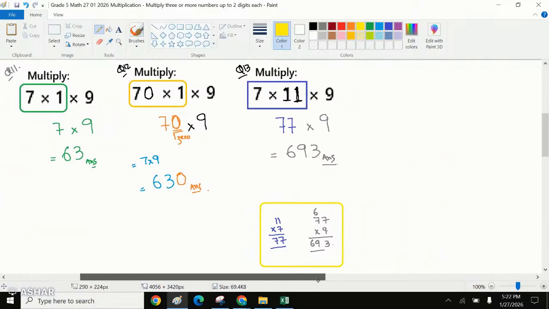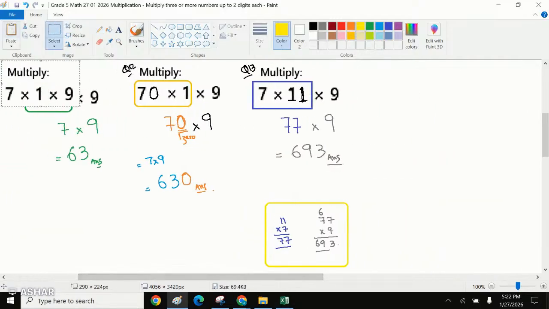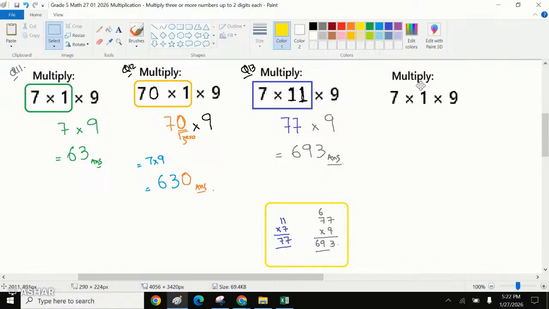Okay. Let's keep the same question. But this time we make it any two numbers, two digits, right?